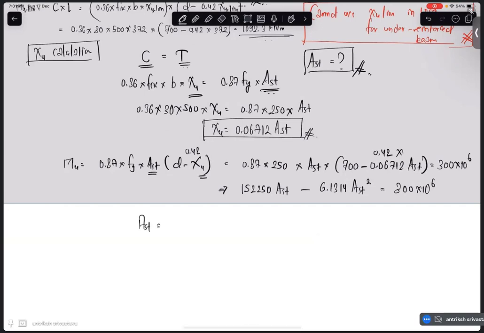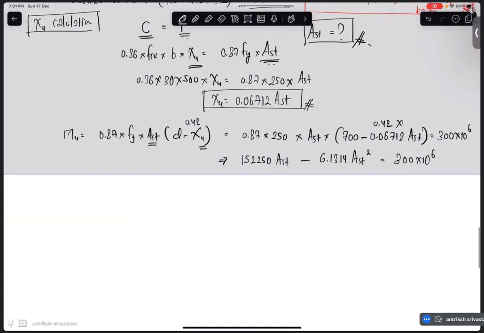Now before solving it, let me write it in a general form. 6.1314 AST square minus 152250 AST, plus 300 into 10 power 6 equal to 0.